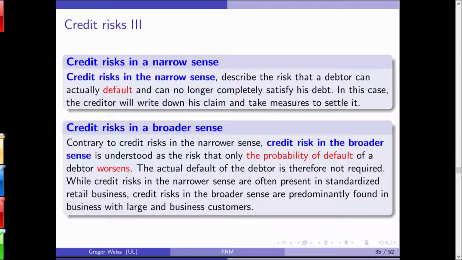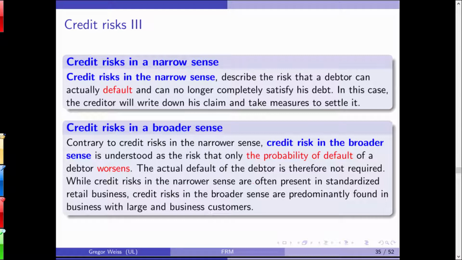Credit risk in a broader sense means that it's actually a fuzzy decision. It's a fuzzy universe where you have absolutely no default risk on the one hand and default on the other, but also some situations in between. And this is where credit ratings come into play. So you will have to look at the probability of default. If you have no probability of default, you are risk-free, and in the sense of a rating, you will have a AAA rating. But then you can also have a double A, you might have a triple B, a double B, triple C rating.